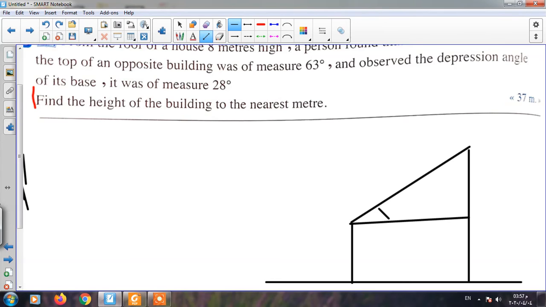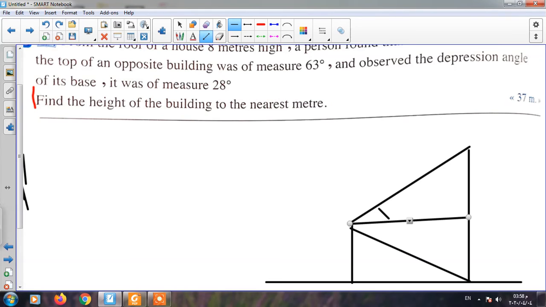This is the 63. And he observes the depression angle of the base of the building from the same place on the roof of the house, and found it is 28.